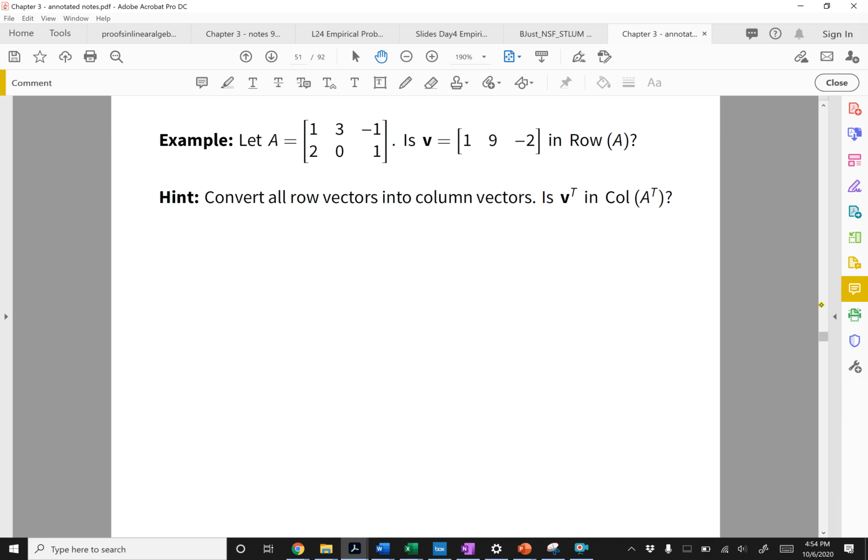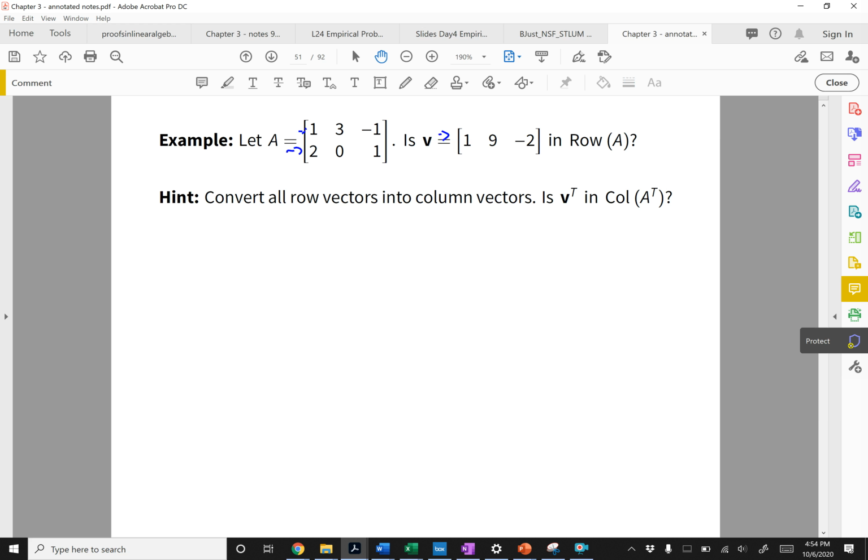Okay, so this is new. What about the row space? This is one thing we haven't done before. We want to know, is there a linear combination of these rows that can get to this one?